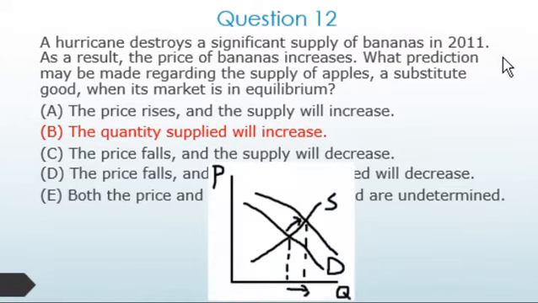So it's safe to say that the quantity supplied will increase for apples in response to the increase in demand. While supply is not increasing, the quantity supplied would increase because a shift in the demand curve represents an increase in quantity supplied, since we're moving from this point to this point. And again, there'd be more quantity supplied of apples because now people can charge higher prices.